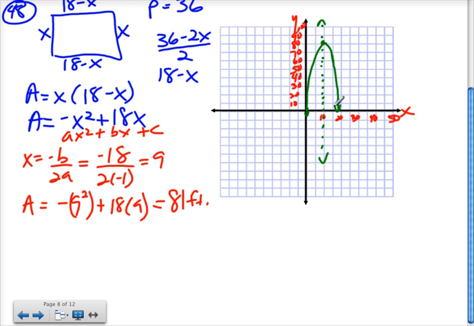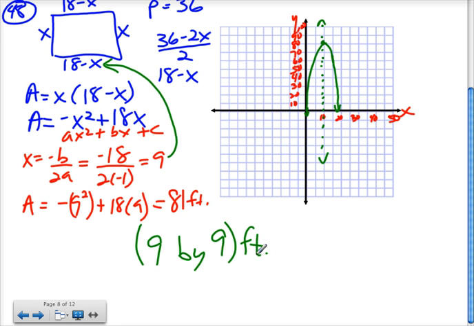So the last piece is, once we have that little bugger graphed, they wanted to know graph the function and describe the rectangle that has the largest area. So the rectangle would be 9 by, and if you put your 9 back up in here, you get 18 minus 9, which is 9 feet.